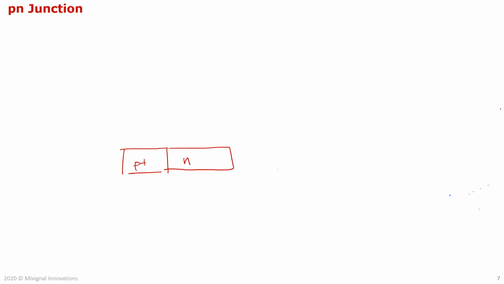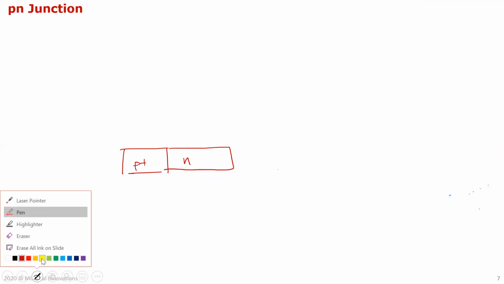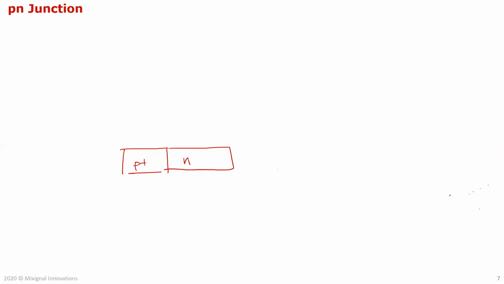Okay, good. So now if I look at it from a band diagram perspective, for this N-type material I have this conduction band here. Let's call this EC.